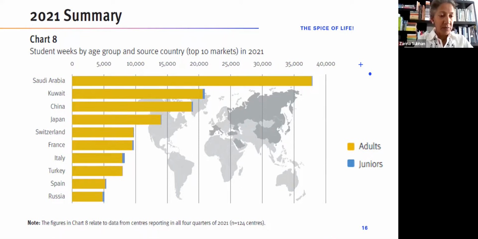And I'm just reading from statistics here, 37,894 student weeks were booked from Saudi, growing from 5,200 weeks in the first quarterly to 13,874 in the last quarterly.